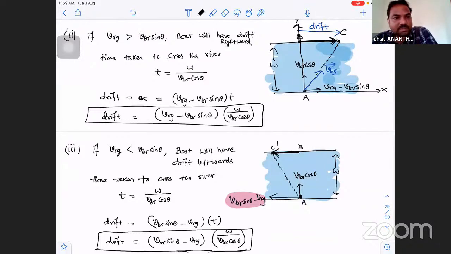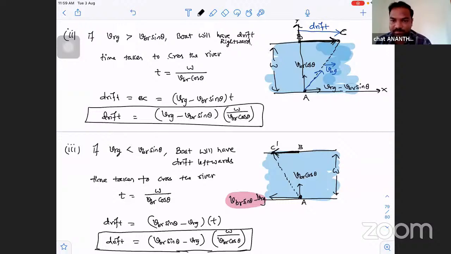All of you okay with all three cases? Is tan theta equal to... no, wait, we will discuss that one. Okay, cannot write down the tan theta value. Drift will be related to the angle made by the velocity vector as seen from the ground, the resultant angle.